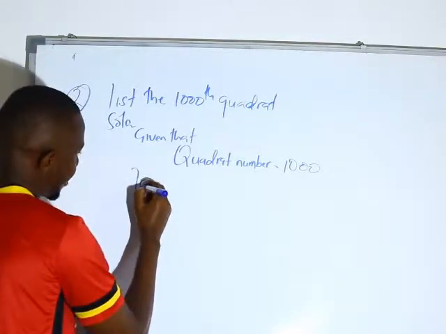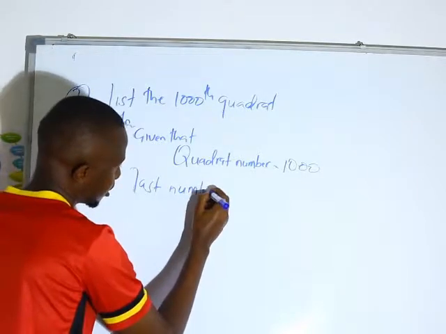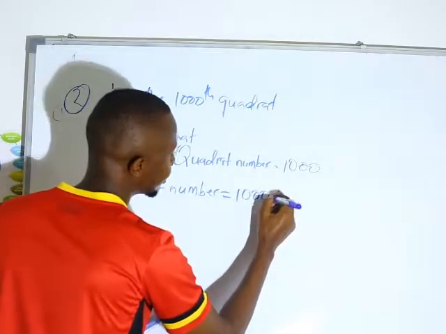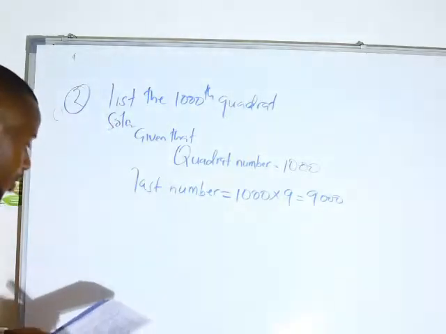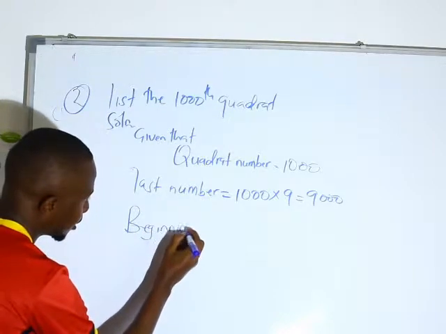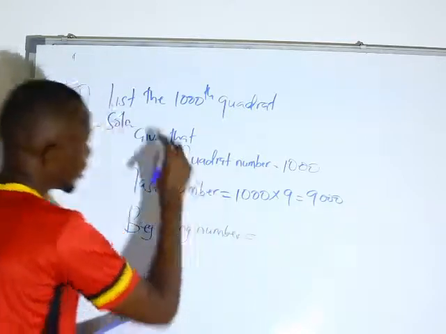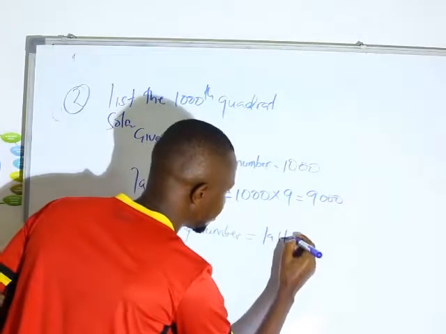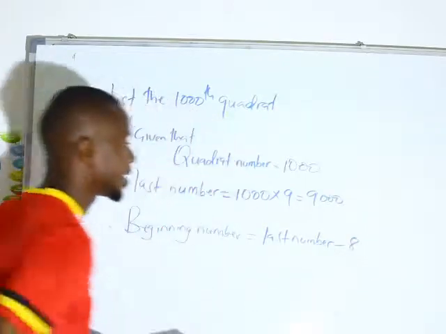So last number in the 1000 quadrant equals 1000 times 9, which is 9000. Beginning number in the 1000 quadrant equals last number minus 8.